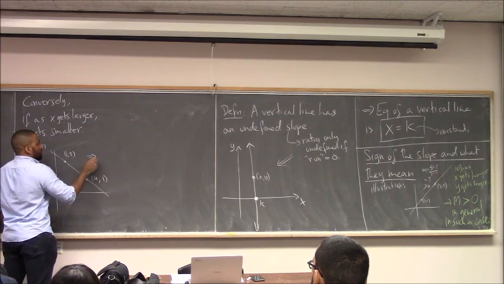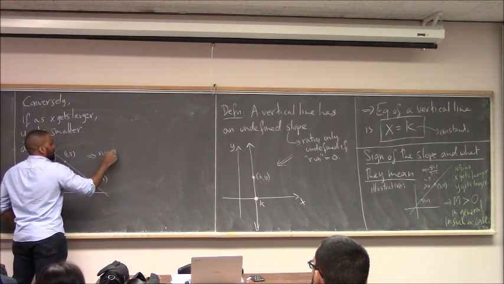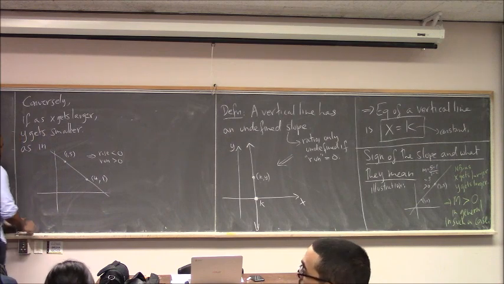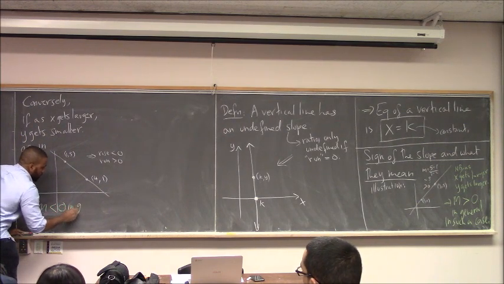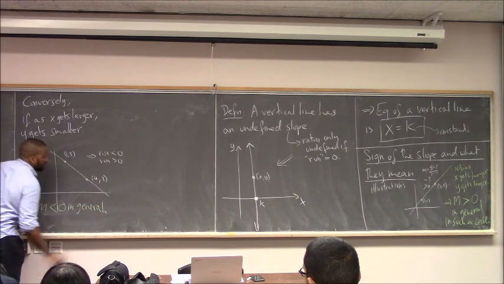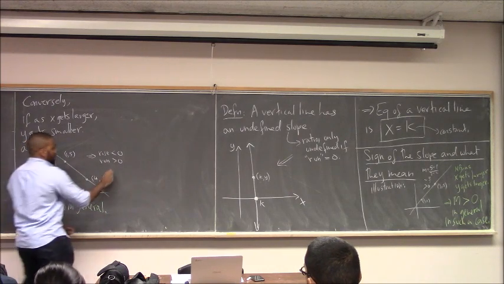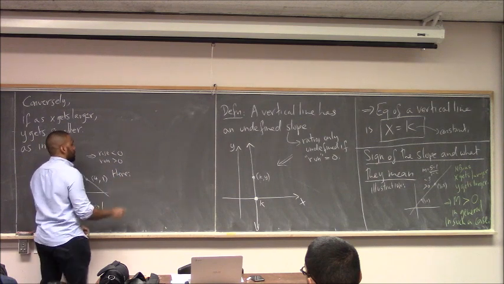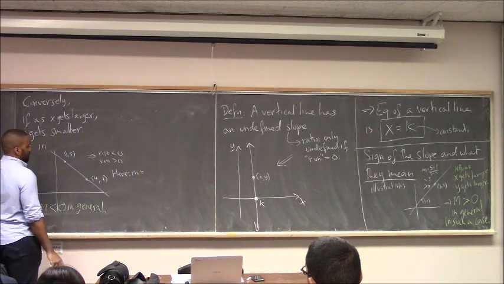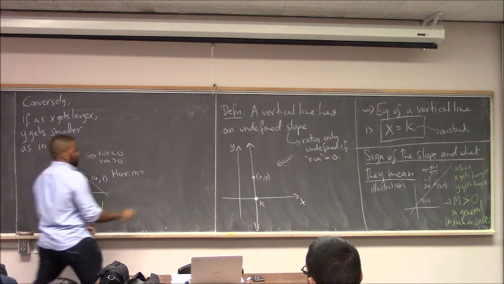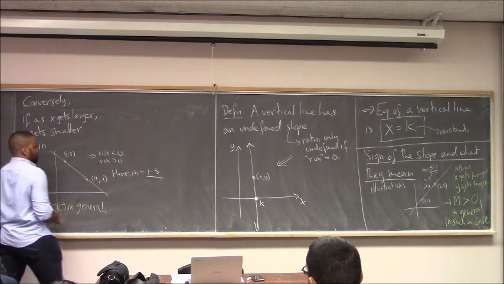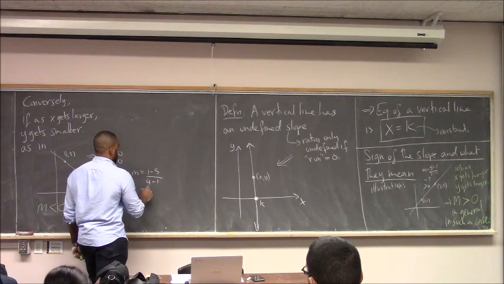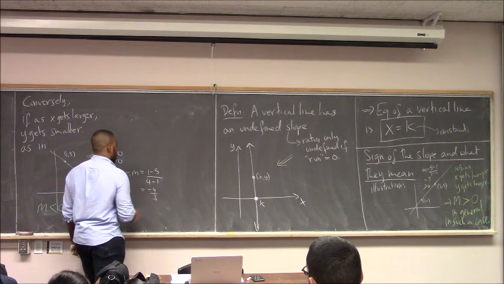Then notice here the rise will be a negative number while the run is a positive number. So m would be less than 0 in general. Here specifically, m would be y2 minus y1 over x2 minus x1. So I get minus 4 over 3.